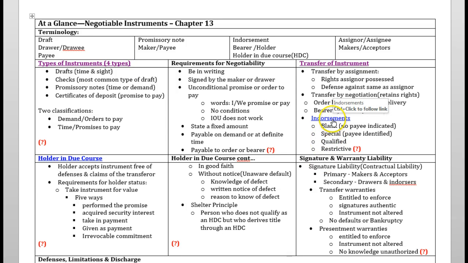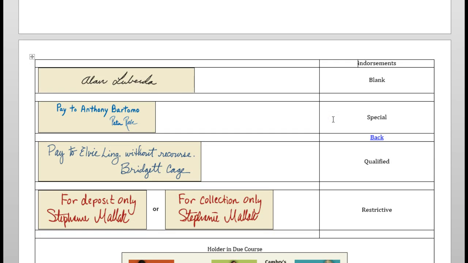So, welcome back. Let's look at some endorsements. There are 4 kinds. You've got a blank endorsement, and that's just a simple endorsement right here. This is called a special endorsement, when you write above it, "pay to Anthony Barton," and then endorse underneath.